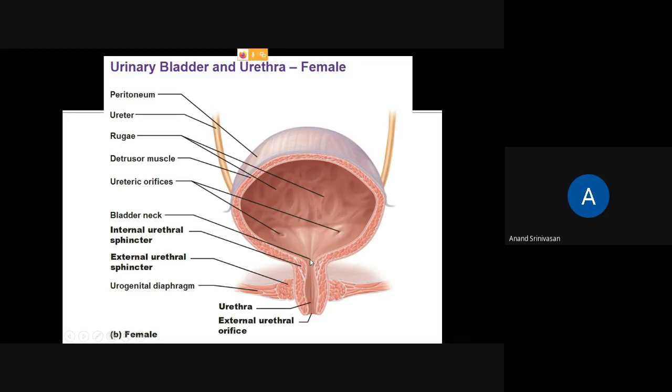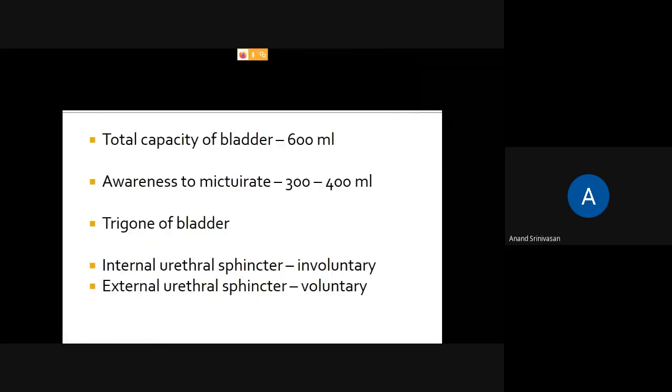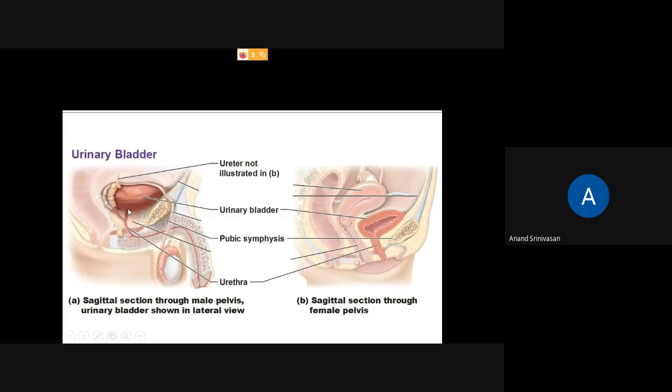Now, the apex of the trigone is formed by the internal urethral meatus, or internal urethral opening. That is the place where the urethra is formed. In this case, this part will be the internal urethral meatus, or opening, and this part is the external urethral meatus, or opening.